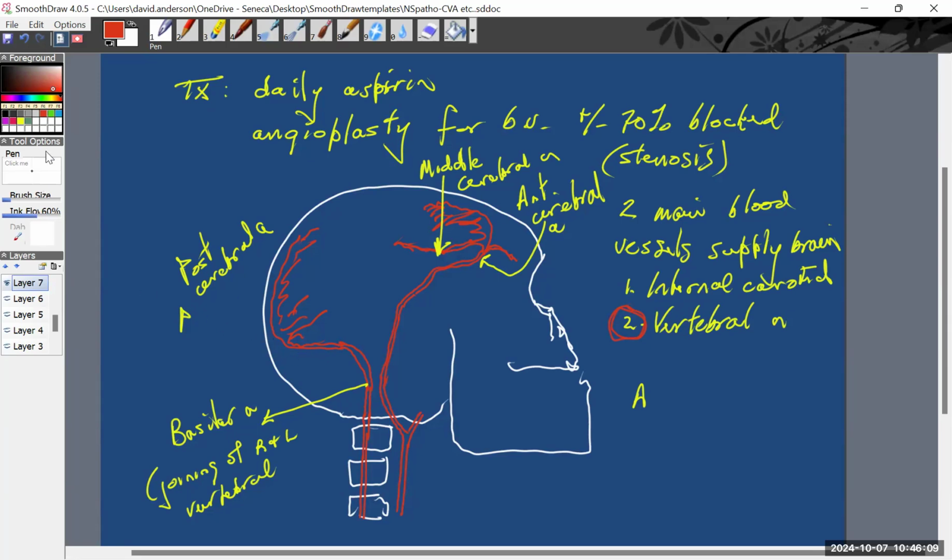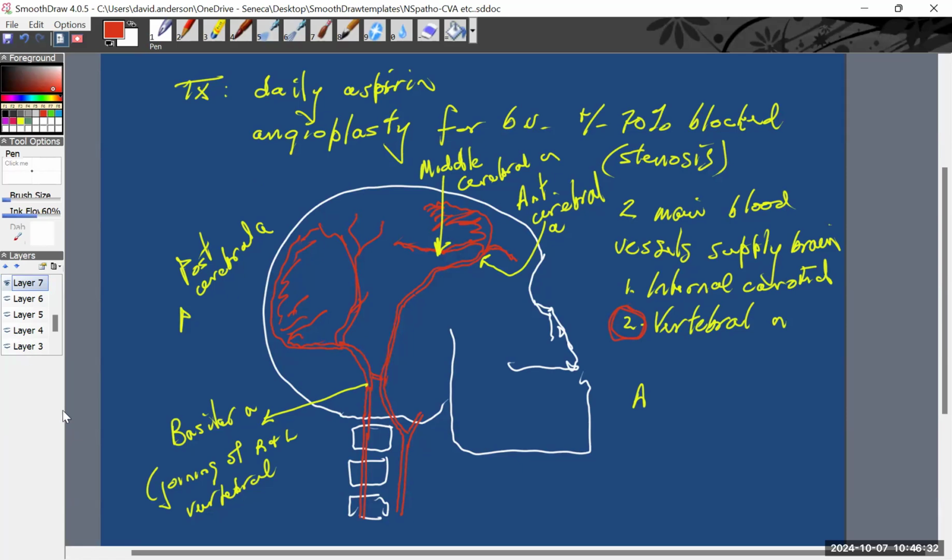This posterior cerebral artery is a branch that comes off of the internal carotid as well, and then off of the vertebral artery, we've got this collateral circulation. So there's a branching and sharing of the responsibilities.